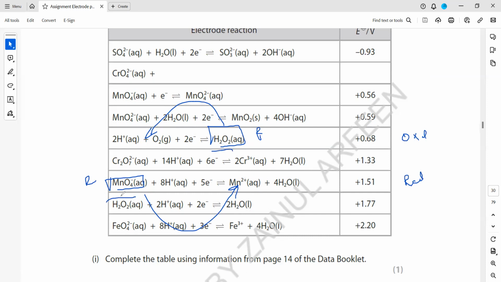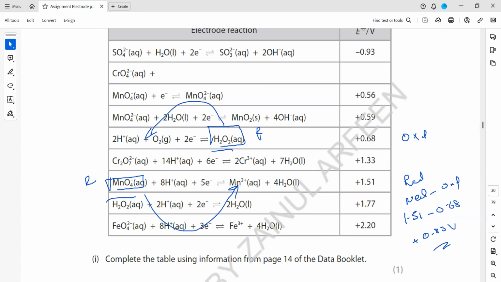So hydrogen peroxide and MnO4 will react according to these two equations. And what is the cell voltage? How to work out the cell voltage? Reduction minus oxidation. So 1.51 minus 0.68, because it is red minus ox, which is a redox reaction. So it will be 0.83 and the unit will be volts.